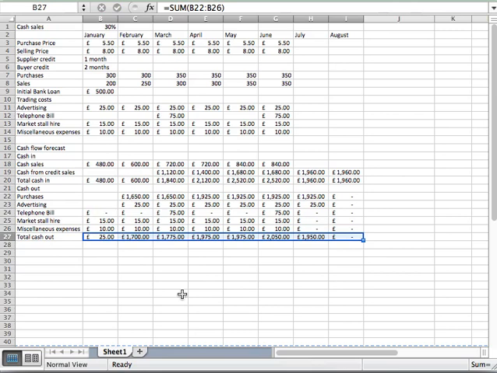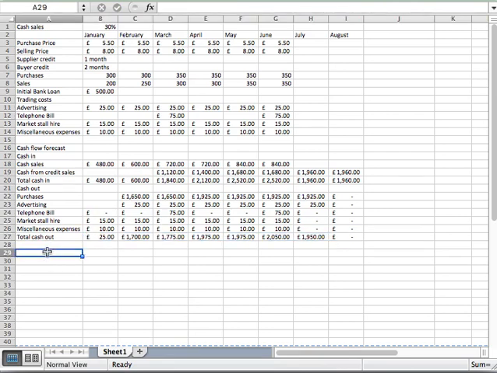So now we have all of our calculations, and we can start to make up the full cash flow forecast. So cash flow, well, we'll call it statement because we've already used that cash flow forecast term. Okay, so we start with an opening balance, which is the bank balance, 500. Our cash in is the total cash in, which is up here.